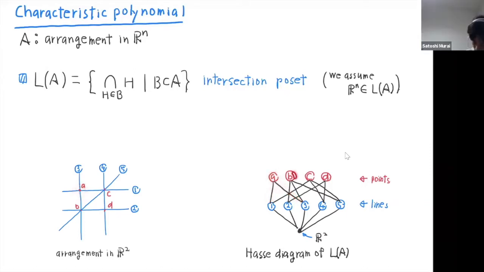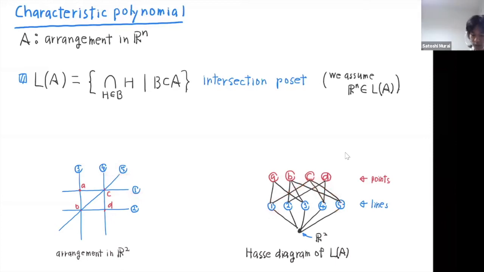If we consider the point B, then this point B is contained in lines 2, 3, 5, so we have a relation to 2, 3, 5. I don't think I need to continue, but just in case: if we consider the point C, then this is contained in lines 1, 4, 5, so we have a relation to 1, 4, 5.